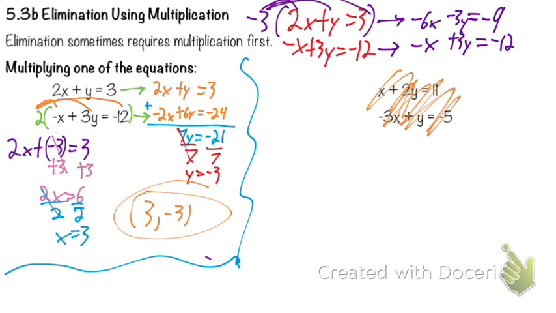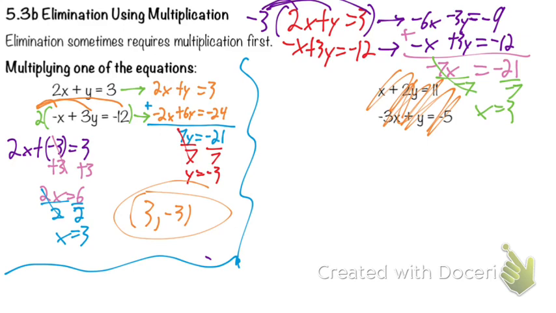Okay, well then we go to all this nice stuff of adding. Negative 7x plus 0 equals negative 21. Divide by negative 7. X is positive 3. Hey, did we get the same x as before? Okay, it's a good sign. Plug it into either equation.